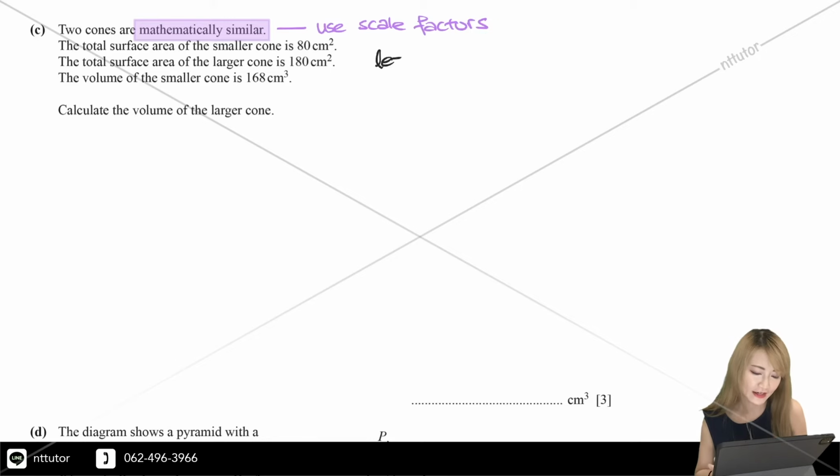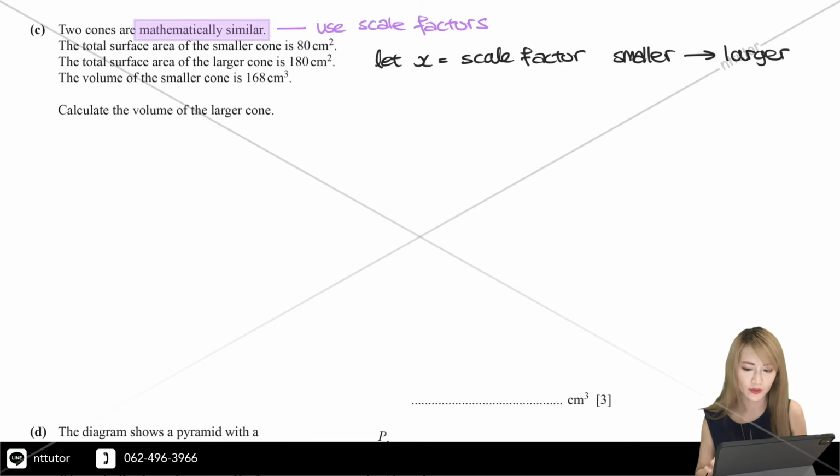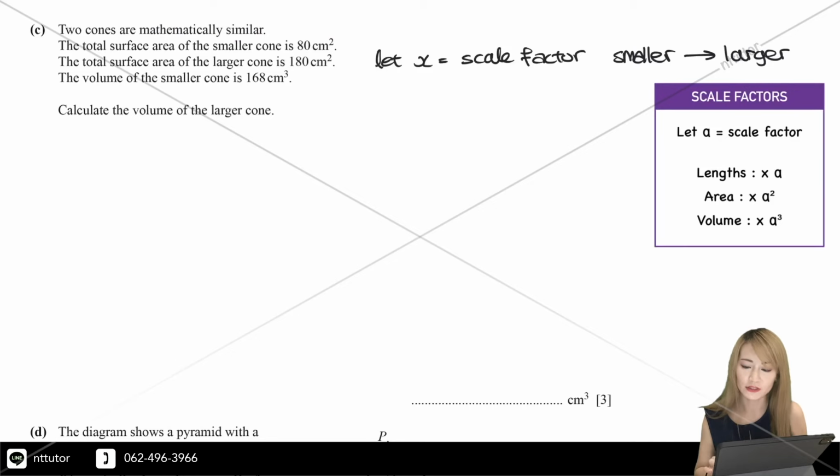So if we let x equal the scale factor to turn the smaller cone into the larger cone, we know that for scale factors, when we work with length, we multiply by the scale factor once. When we work with area, we multiply by the scale factor squared, and when we work with volume, we multiply by the scale factor cubed.